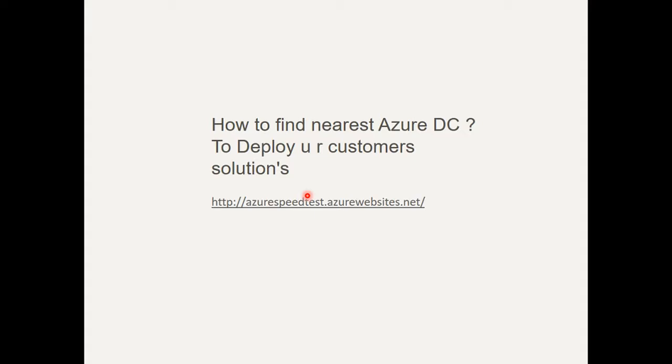So how do you find the nearest Azure DCs to deploy your customer solutions? In certain cases, when you have your customers and you have built your applications, you may have a doubt about where exactly to host your application, and how to find the nearest data center.